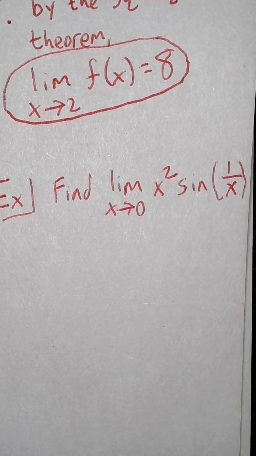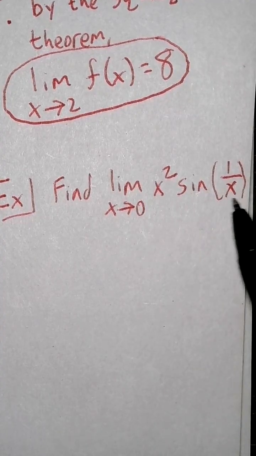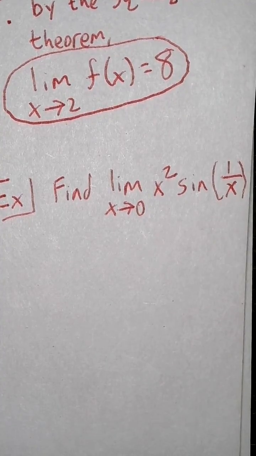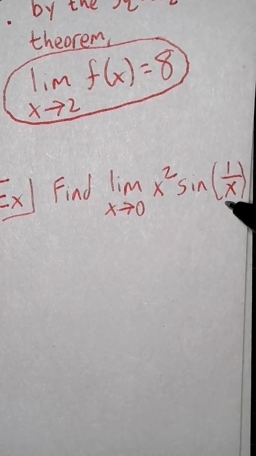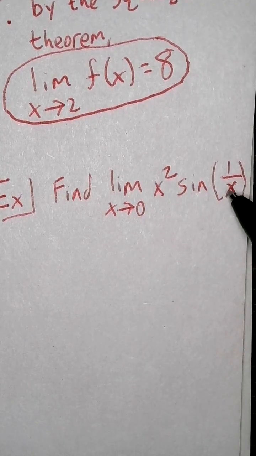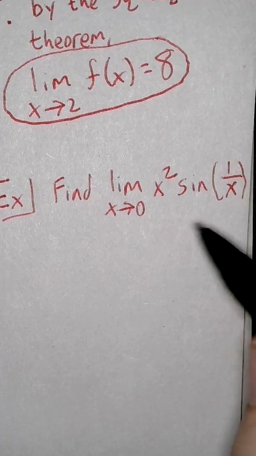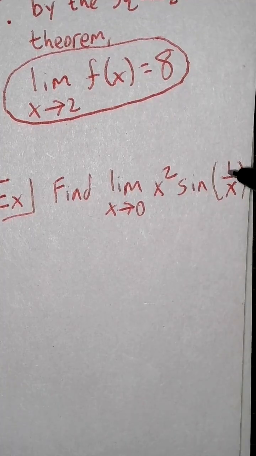Usher says 0. Well, it could be 0, except what happens when I plug in 0 for this x? Well, when I plug in 0 here, it wouldn't exist, because I can't divide by 0. So I can't assume that this is going to be 0 because 1 over 0 is undefined.